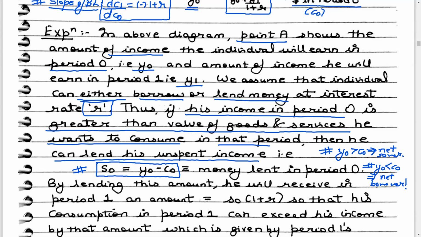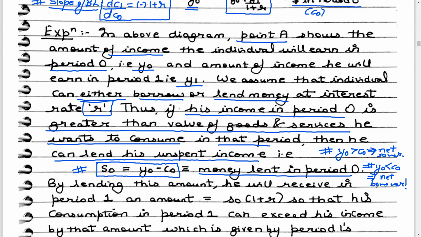Okay, so this is the money lent in period 0. Obviously, the money which is saved by the individual is the money which is lent out. Savings are lent out, right? The individual savings in period 0 are Y0 minus C0, which is lent out in period 0. Now, when you lend out money, in period 1 what will you receive?